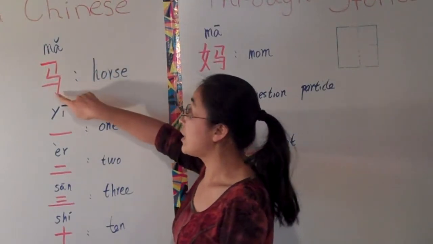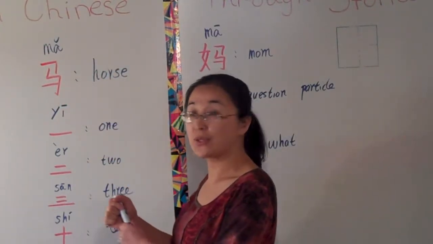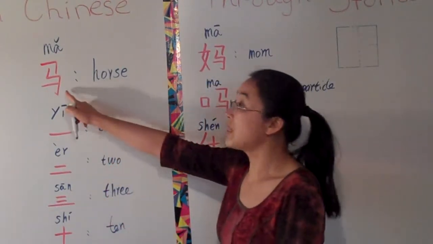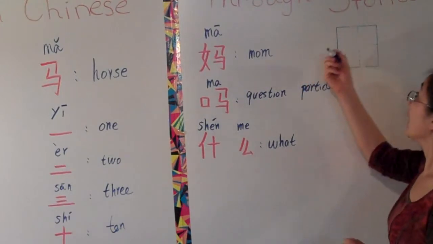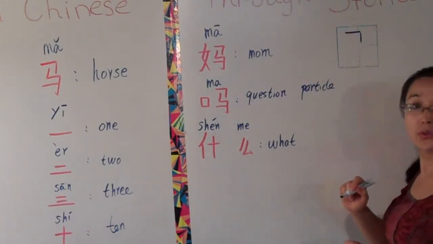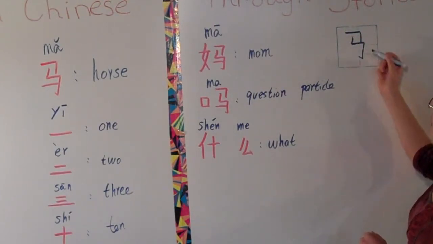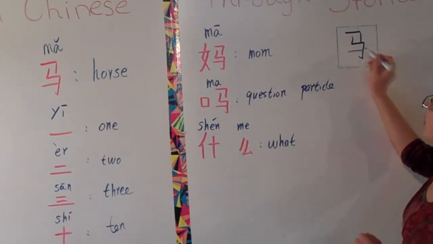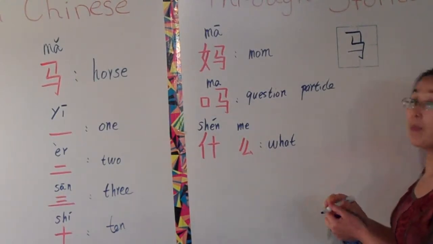It looks like a horse standing up sideways. Okay, let me put this character in this square. This is the head of the horse, the body, and the rear legs.